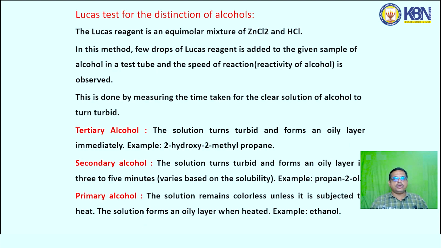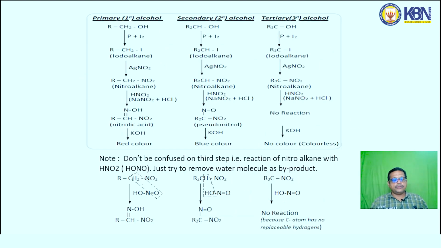So this is Lucas test, which we already discussed. These are the reactions of primary, secondary, tertiary alcohols with Victor Meyer reagents. In the primary alcohol, red color; secondary alcohols give blue color; tertiary alcohols give no color, colorless.